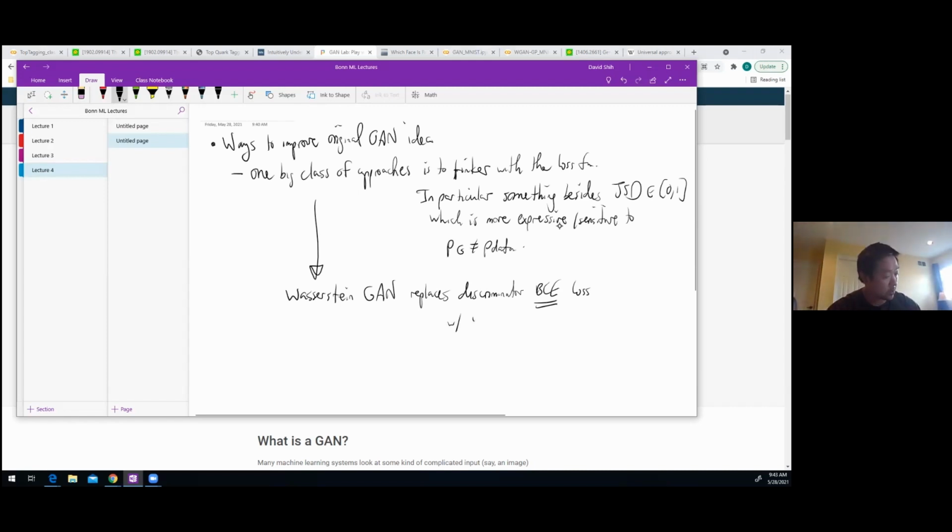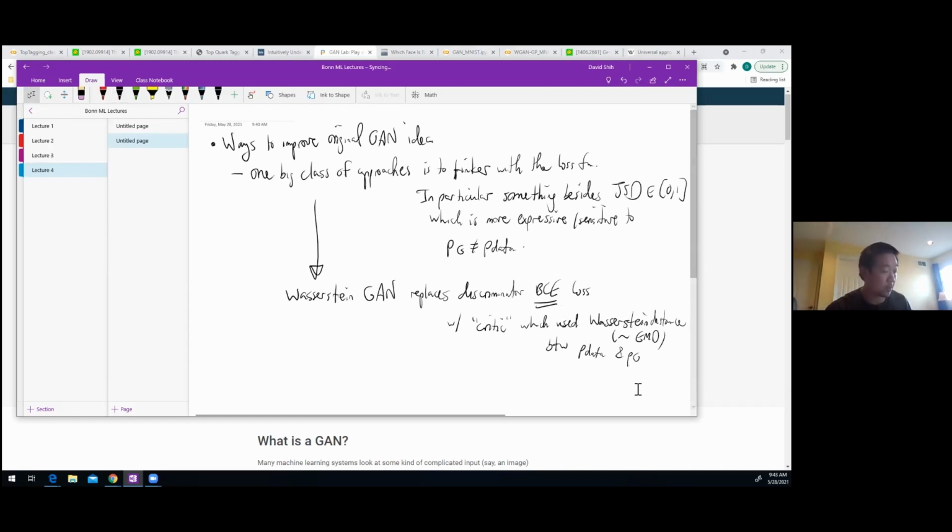So they replace that with something called a critic, which uses something called the Wasserstein distance, which is also related to something called Earth mover's distance, between P data and PG.